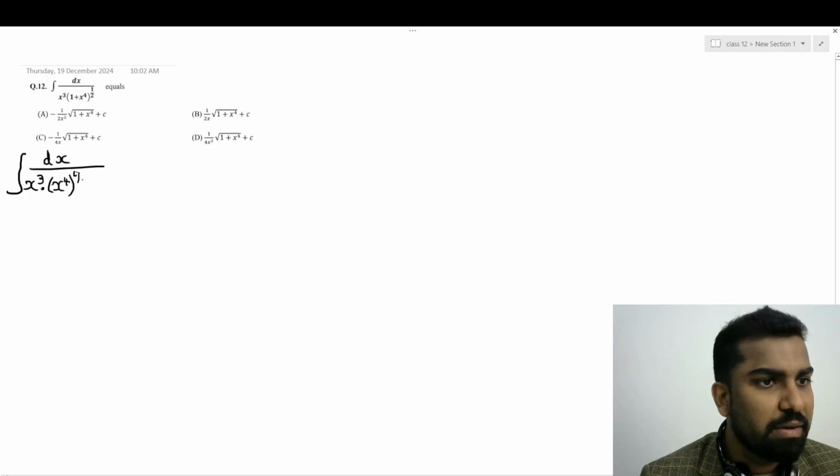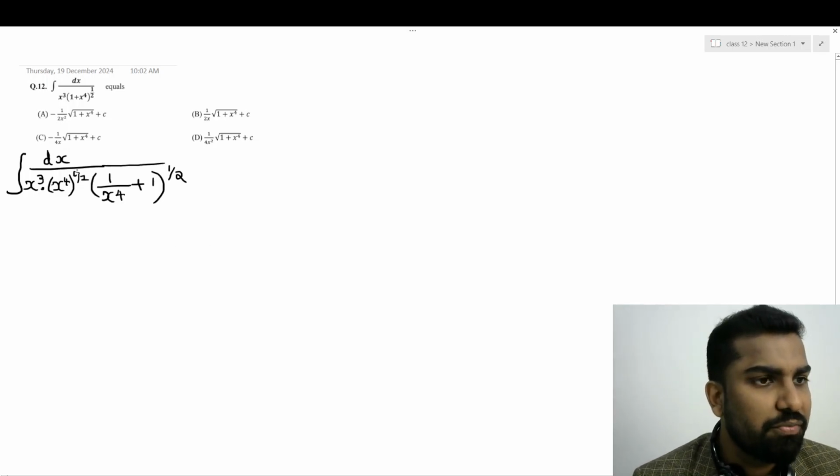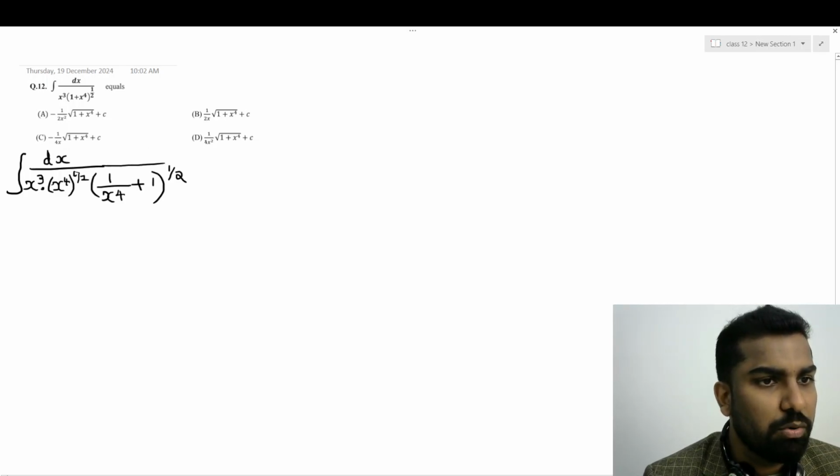So if I take x to the power 4 whole power 1 by 2 outside, in the first term the pending term will be 1 divided by x to the power 4, plus, in the second term, the common 1 to the whole power 1 by 2. So we have x power 3 into (x power 4) whole power 1 by 2 into (1 divided by x power 4 plus 1) whole power 1 by 2.